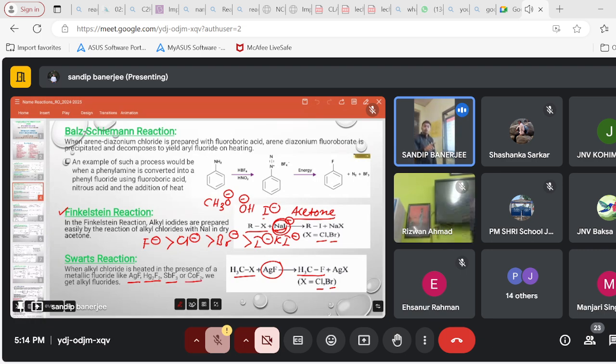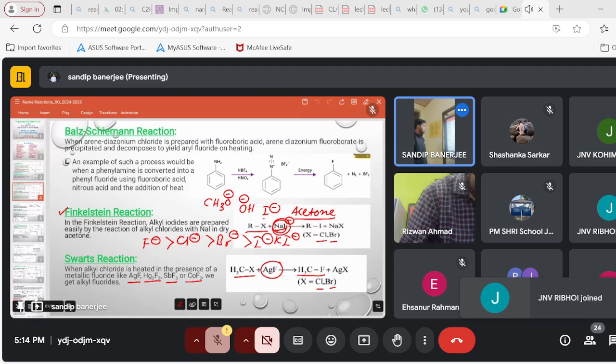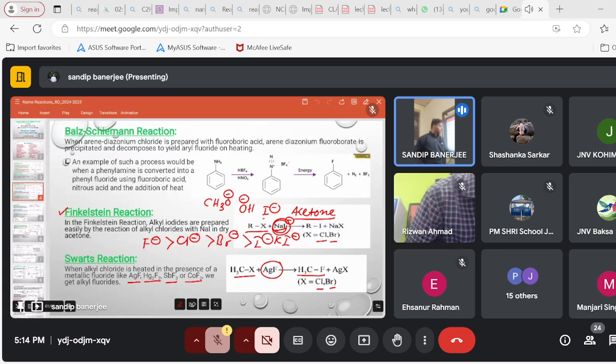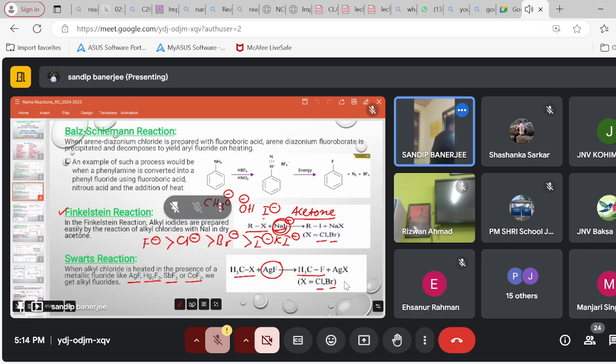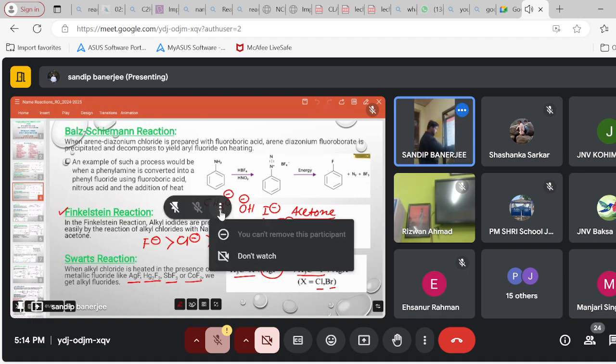All these are metallic or covalent fluorides, and this reaction will give you the alkyl fluoride. So alkyl chloride, whenever heated in the presence of any metallic fluoride like silver fluoride, which is not exactly ionic like sodium iodide, or mercurous fluoride or antimony fluoride or cobalt fluoride, you will get the alkyl fluoride from any alkyl chloride or alkyl bromide system.